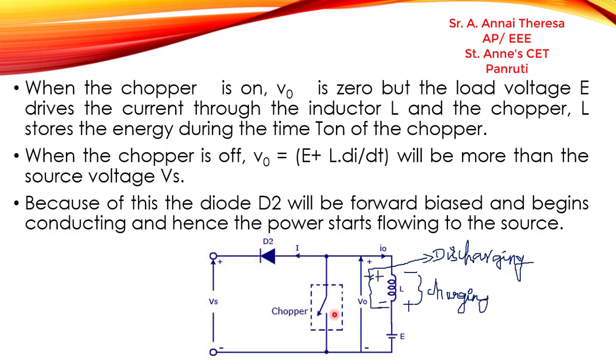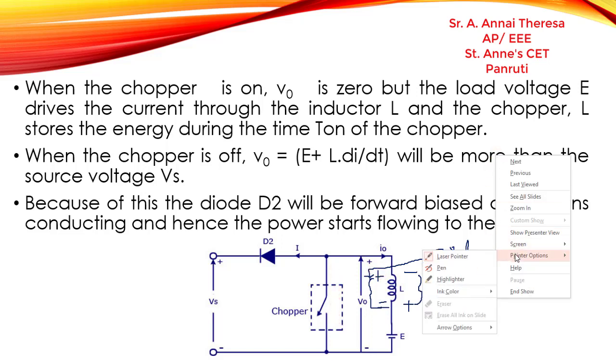So when the switch is closed, in this type B chopper this battery should compulsorily be connected with the load. This battery source will drive the current through this inductor and this switch.